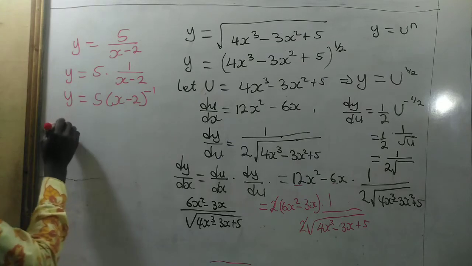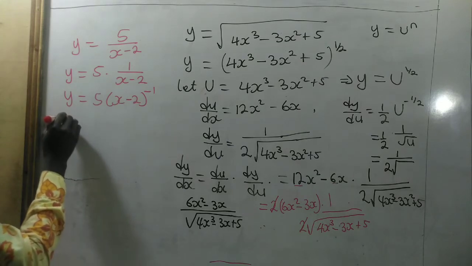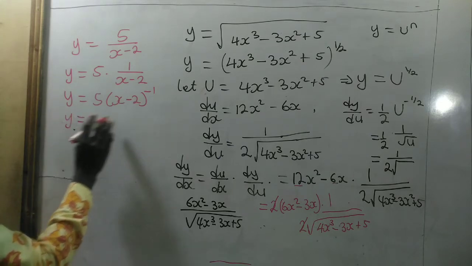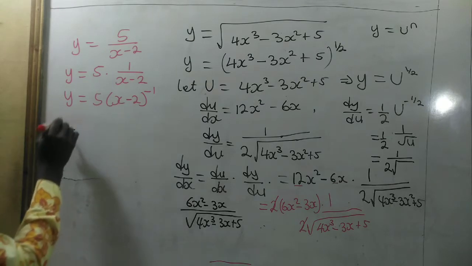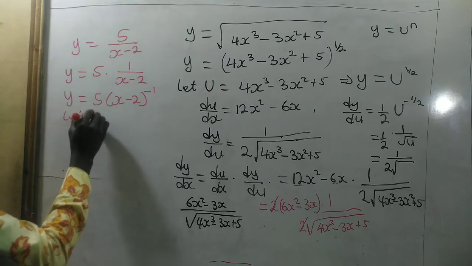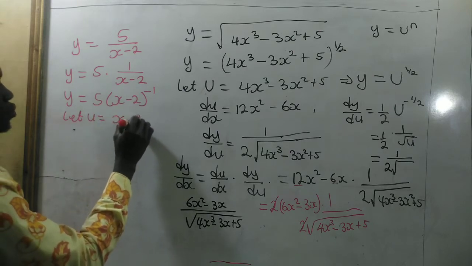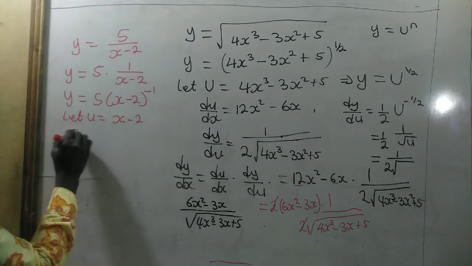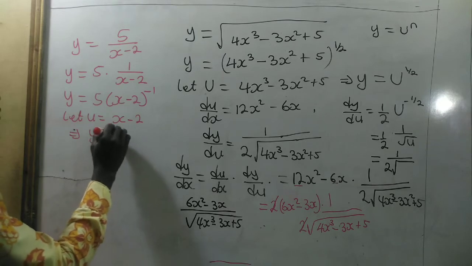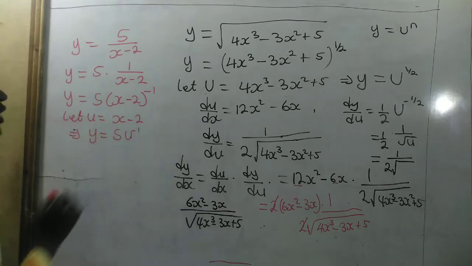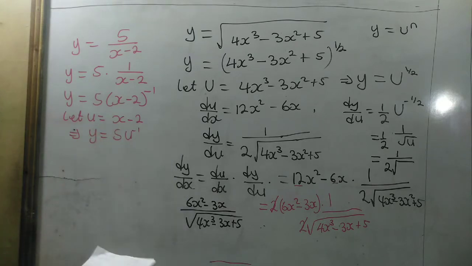Okay, so here we have y to be equal to, we've broken it down, so let's write u equal to the inner function, that is x minus 2. This implies that y is equal to 5 times u to the power negative 1. Very simple as that.